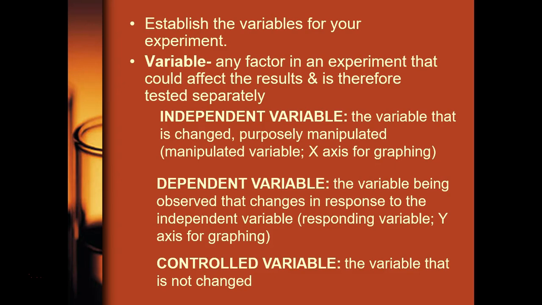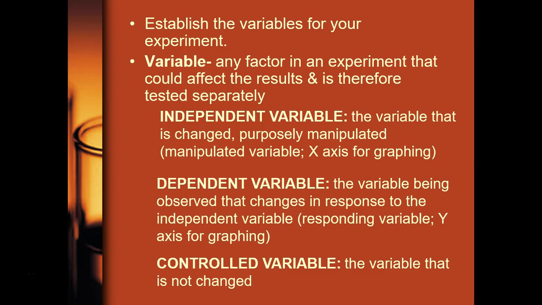Food may play a role, and so we try to keep their diet as similar as possible. Those are all controlled variables that we believe could have an impact on our high blood pressure, and so we want to control for that. We want to keep them the same so we know that it really is just the medication that's changing their blood pressure and not some other extraneous variable.